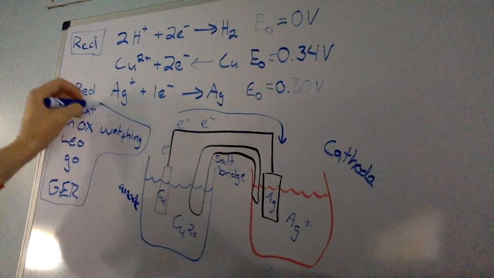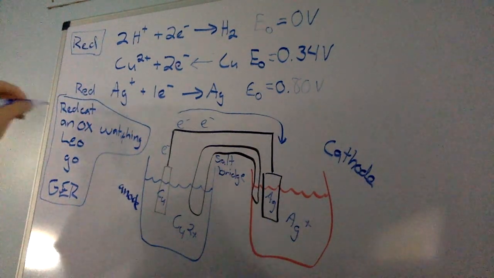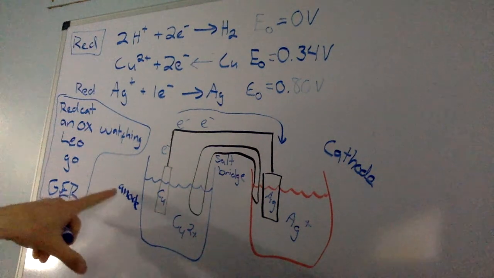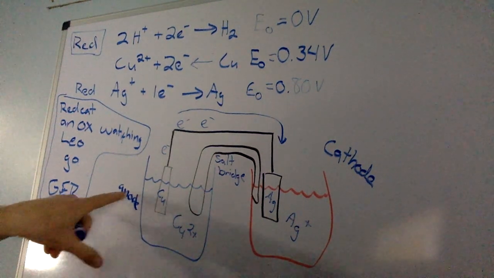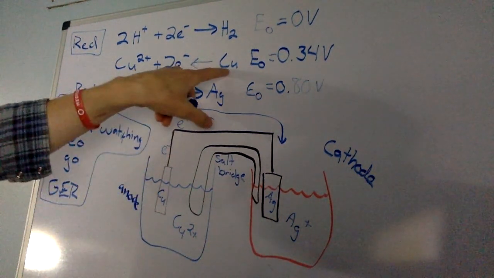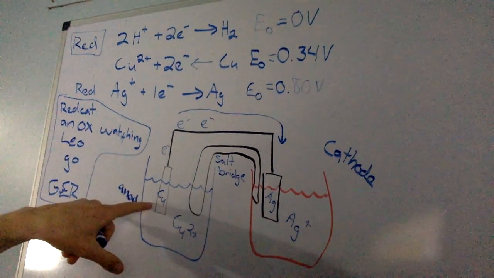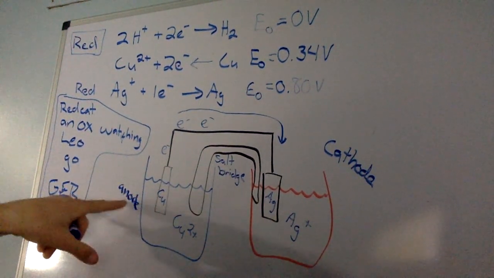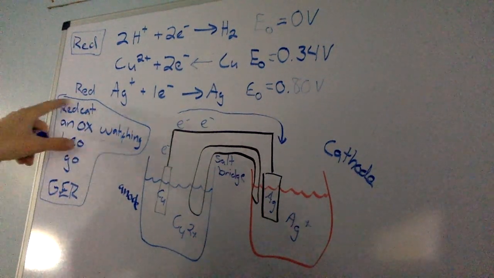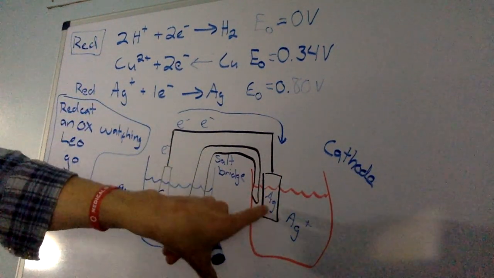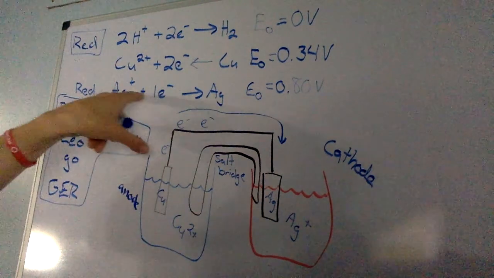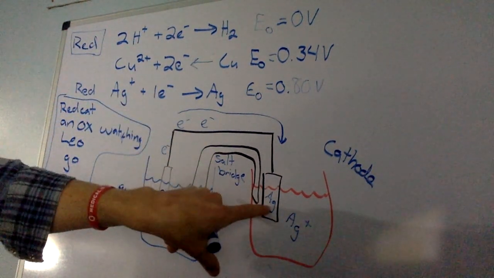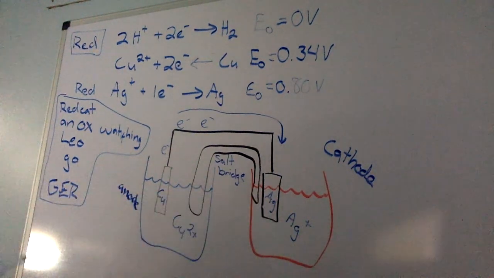I can say I have an ox and a red cat watching Leo go grr. Anode, oxidation, copper is losing electrons, so it's an oxidation. Anode, losing electrons, oxidation at the anode. An ox, watching a red cat. Silver is gaining an electron, so this is going to be the cathode, and it is a reduction.